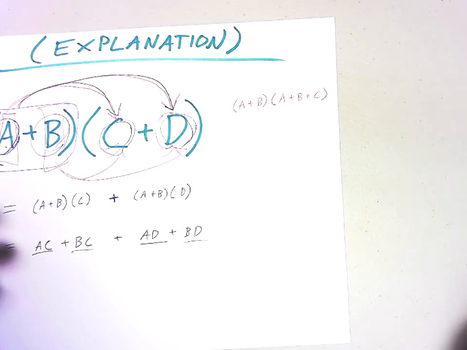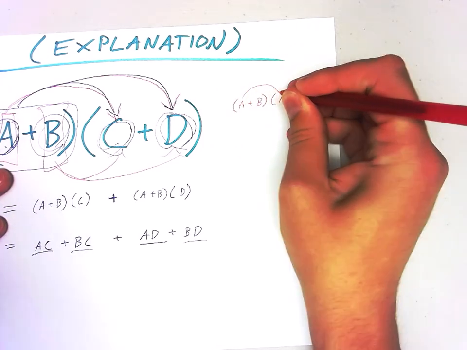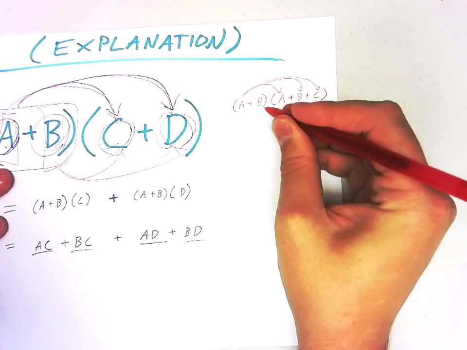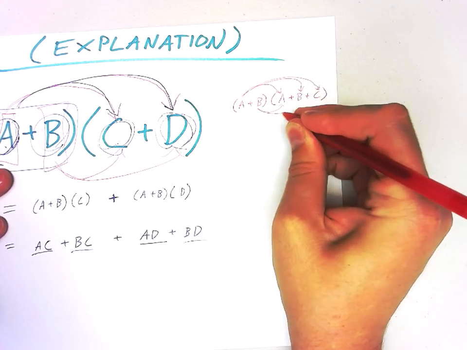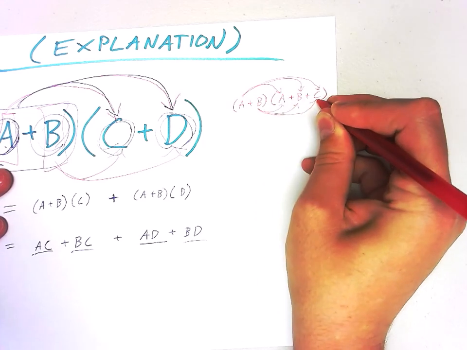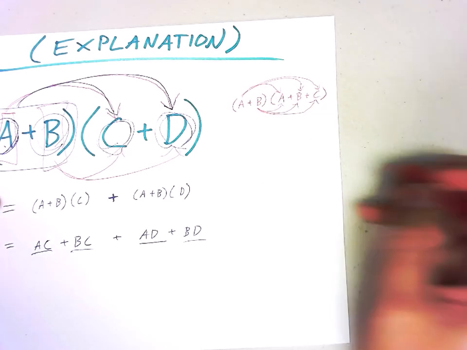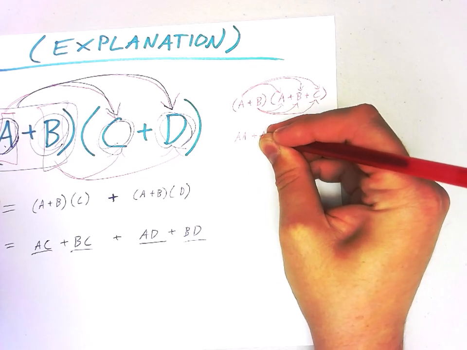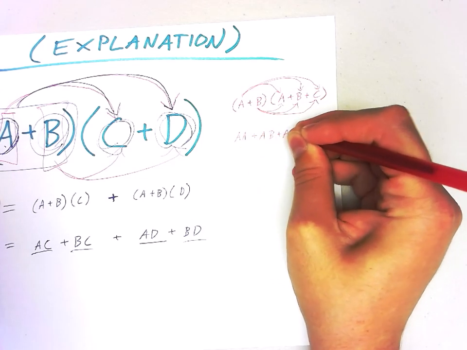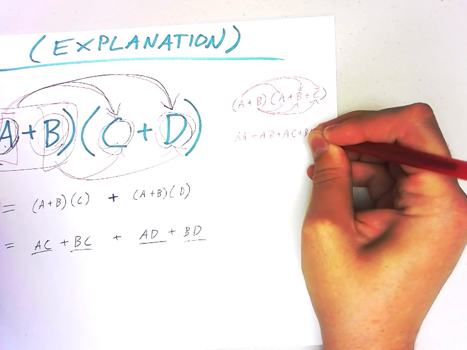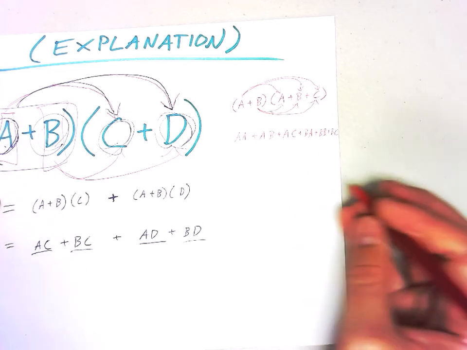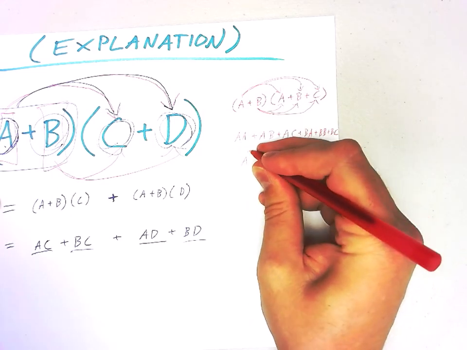But what it's going to result in is A times A, A times B, A times C, and B times A, B times B, and B times C. Okay, and then A times A, you could put A squared if you want.